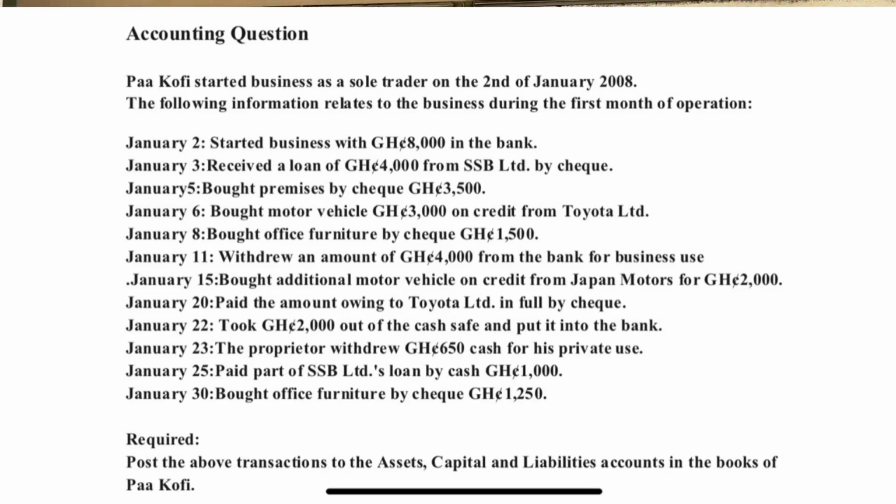On the 23rd of January, the proprietor withdrew 650 Ghana cedis cash for his private use. On the 25th of January, paid part of SSB Limited's loan by cash, 1,000 Ghana cedis. On the 30th of January, bought office furniture by cheque, 1,250 Ghana cedis.